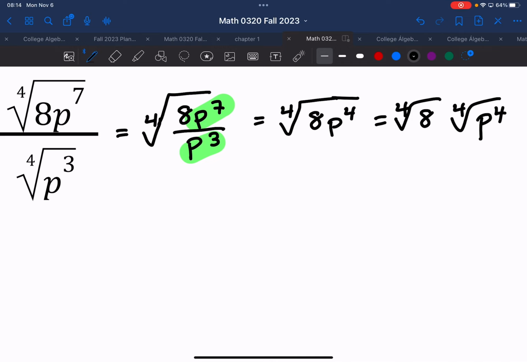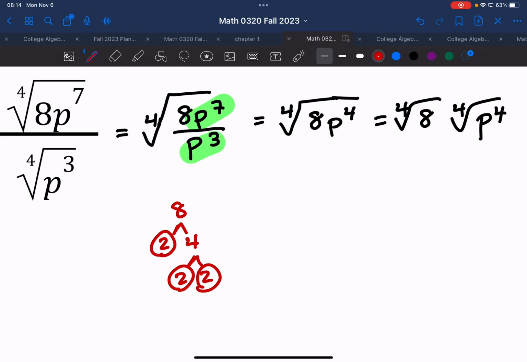So for the 4th root of 8, we're going to have to do that prime factor tree off of 8. And when we do that, we start with what prime number? 2, and we get 4. And then off of 4, we get 2 and 2. Since this is the 4th root, we have to have pairs of how many? 4.